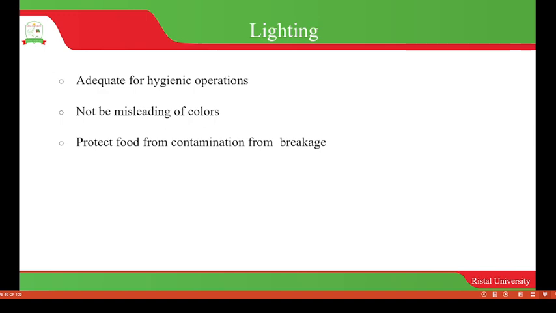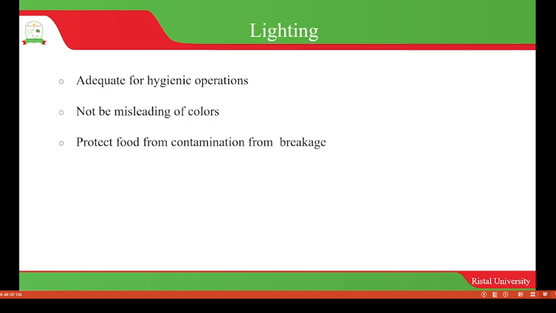And then also the lighting should be the one which is not misleading of colors, because we have other lighting systems whereby you find that it is made up of different colors, which will make even sorting raw materials very hard, cleaning very hard, distinguishing between the food products and the non-food products also becomes very hard.